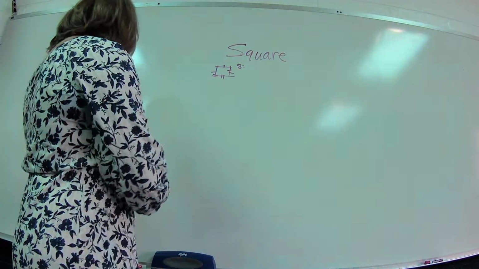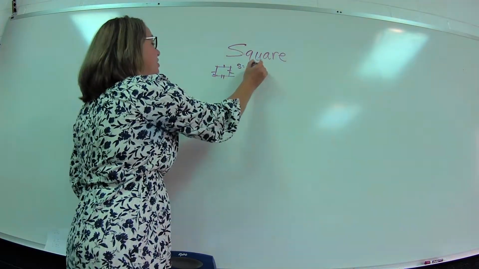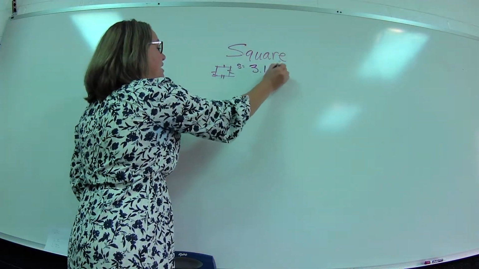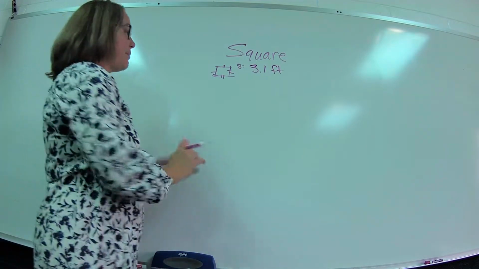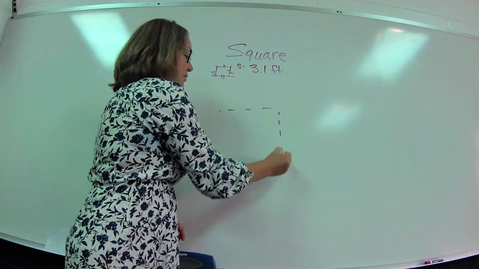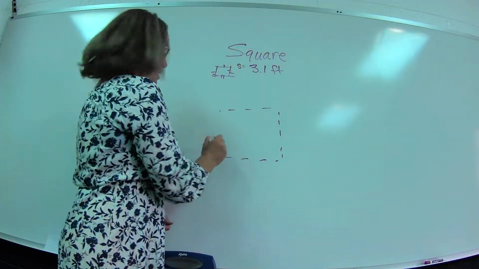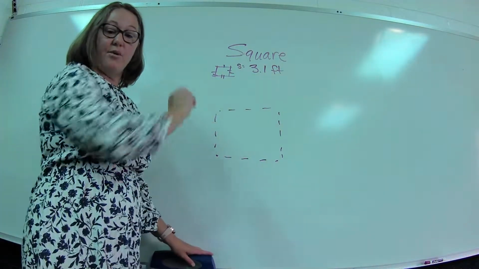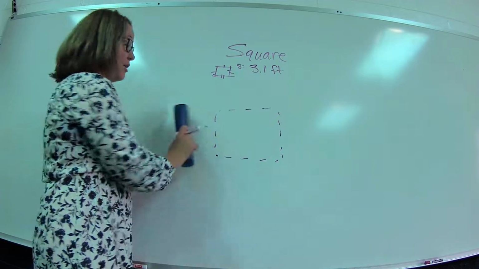All right, so side, let's say side equals 3.1 foot. But that means I got to go 3.1 this way, 3.1 this way, 3.1 this way, 3.1 that way. I've got to walk all 4 sides to go all the way around.